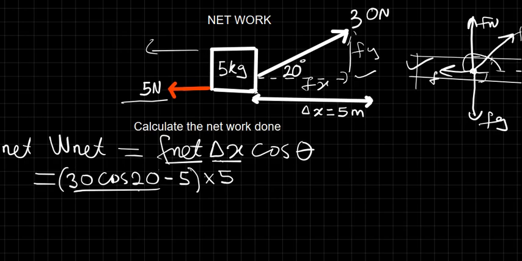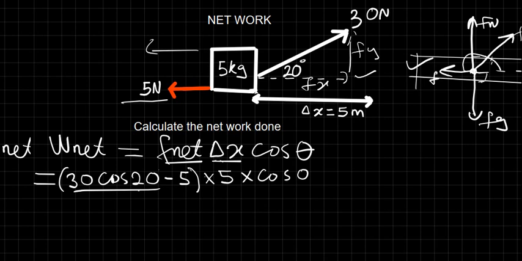And then we are going to multiply it by the cos of 0, because the net force goes to the right and the displacement also goes to the right.